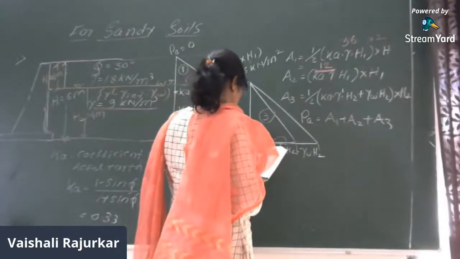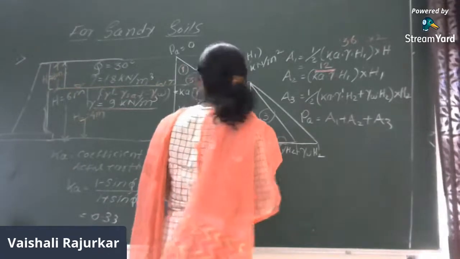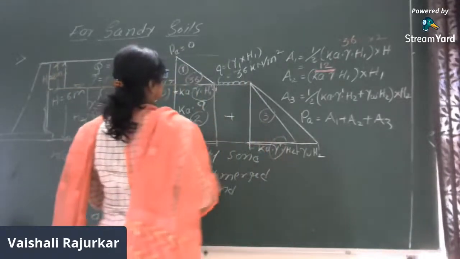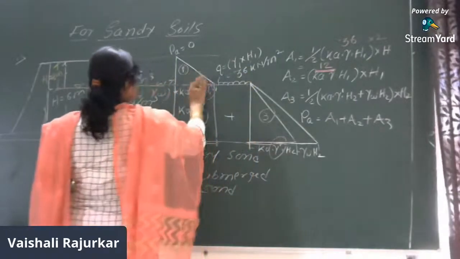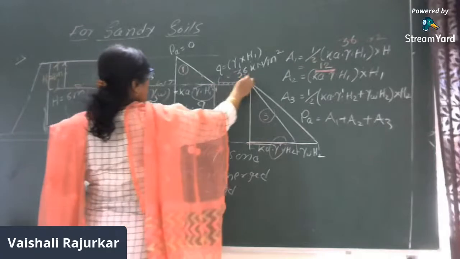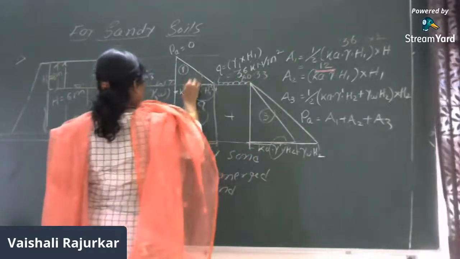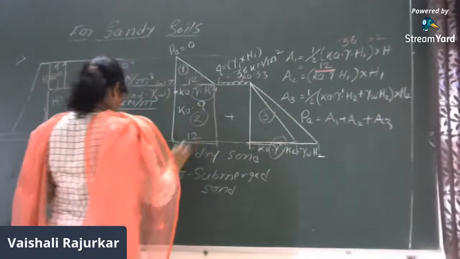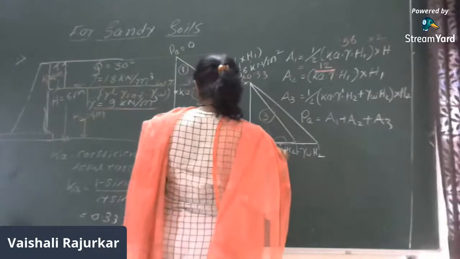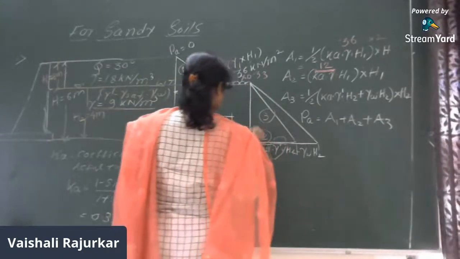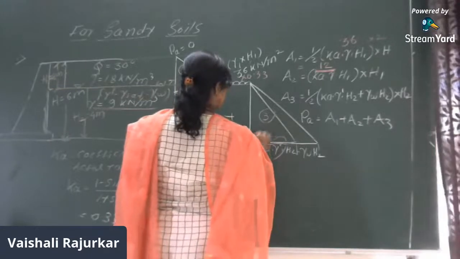Then the another is again found to be 12 actually. This is not 36. Again it is multiplied by 0.33. So it is found to be 12 over here, same 12 over here, and this total will be 39.24.